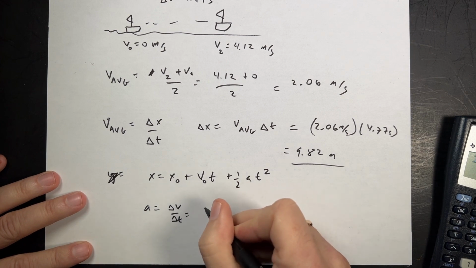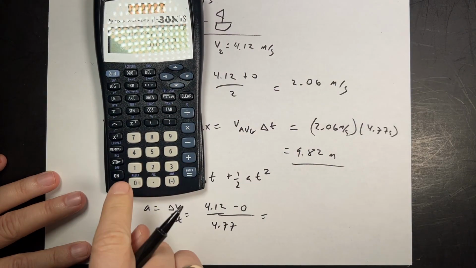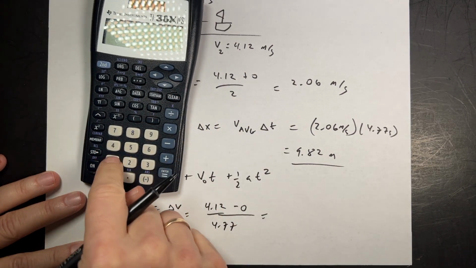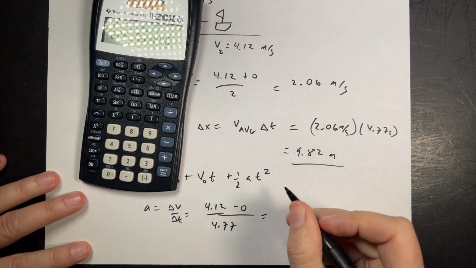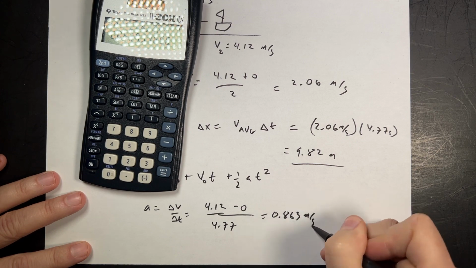So it's going to be the final velocity 4.12 minus 0 over 4.77. And this gives me an acceleration of 4.12 divided by 4.77, 0.863 meters per second squared.